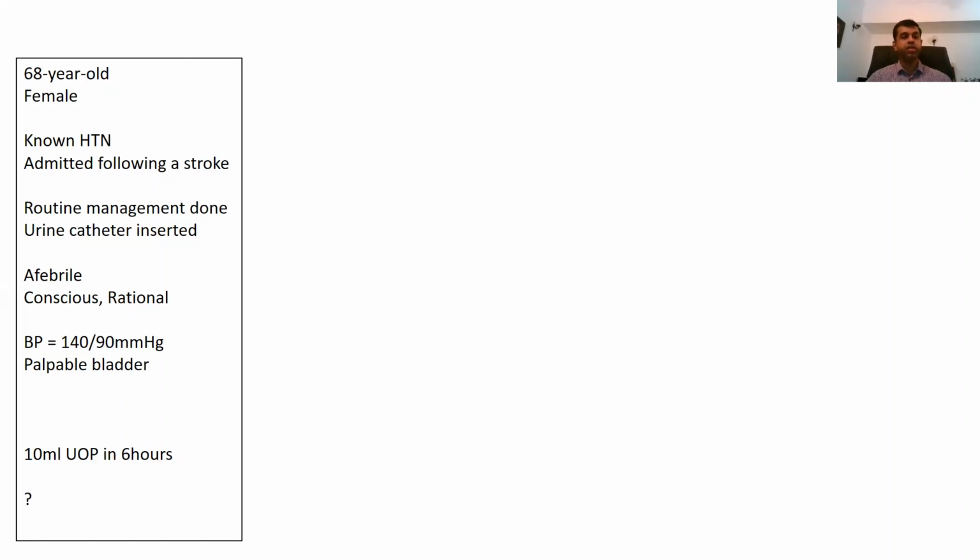Blood pressure is relatively stable at 140/90. On examination, however, there is a palpable bladder. In the monitoring charts, the urine output is stated as 10 milliliters over the last 6 hours. So this could be considered as oliguria. So what might be the cause for this?